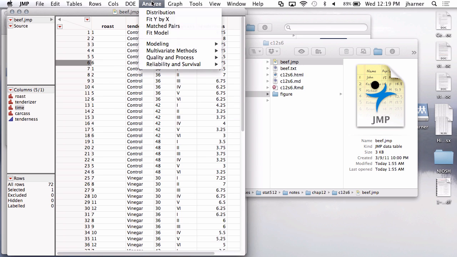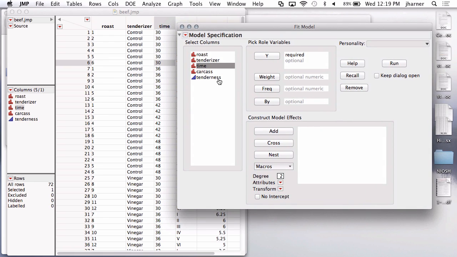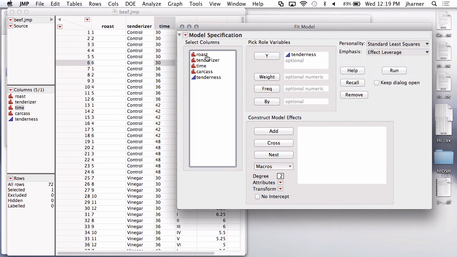So going back again, if I say Fit Model, and we have tenderness, I'm going to add these in the order that I want them. What I have now is carcass, then tenderizer. I have to select those two, and then I say cross.